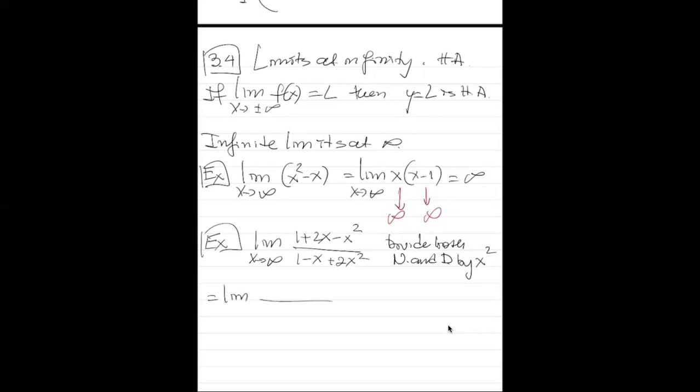So we have 1 over x squared. I'm going to divide each one individually. And cancel. So after you cancel, you're going to get negative 1/2. Is that right? Yep, negative 1/2. Because this part is going to go to 0, and so is this.